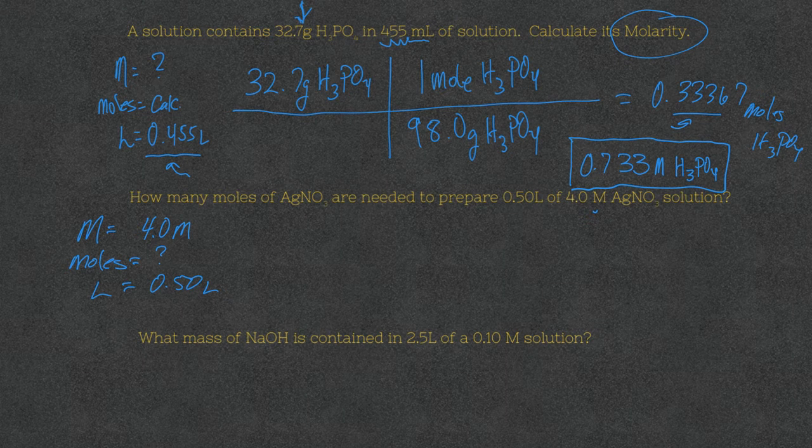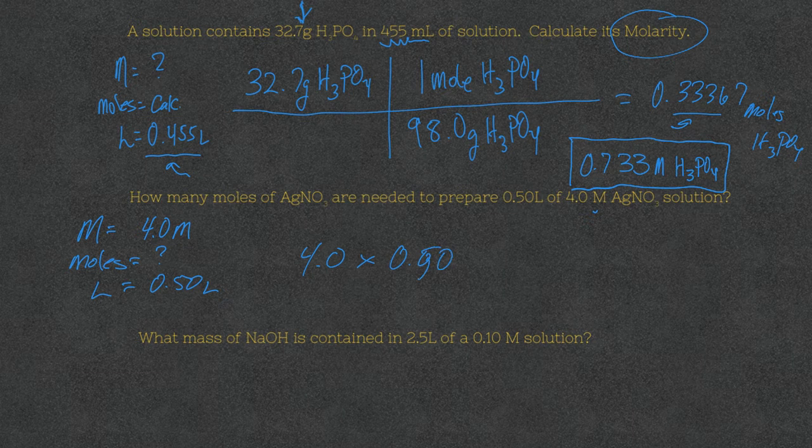manipulate our formula up here at the top to solve for moles. Moles would be molarity times liters when I manipulate that formula algebraically. So I really just have to take my molarity, 4.0, times my volume of liters, which is 0.50.